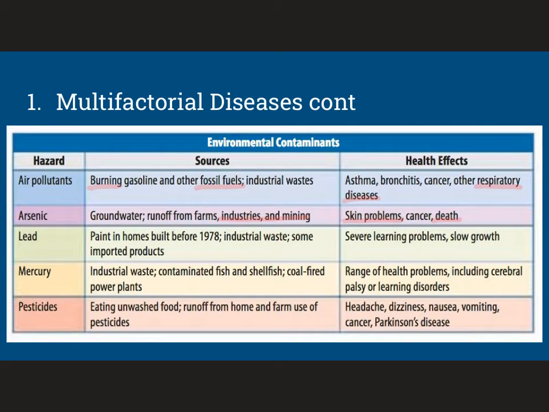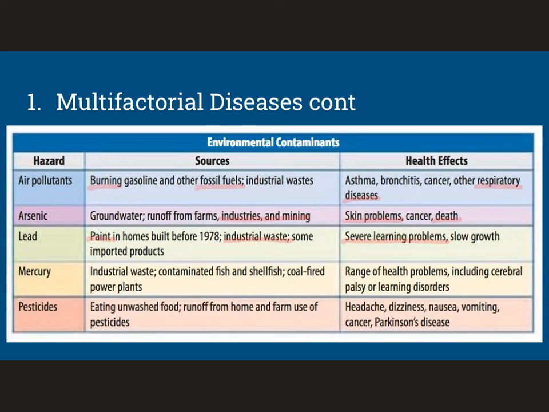Also, industrial waste and some of the other imported goods may still contain lead, and usually in different products they have to let you know that this may contain lead, so consumers can make their own choices depending on the information. The main problem of lead poisoning is for the babies and for pregnant women, because it may result in severe learning problems and slow growth for babies.